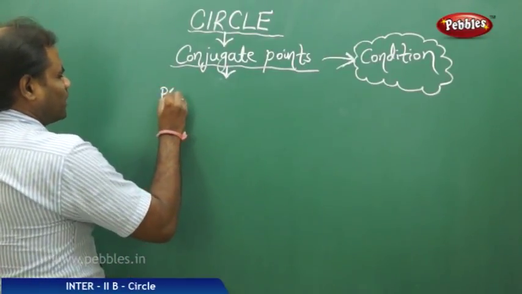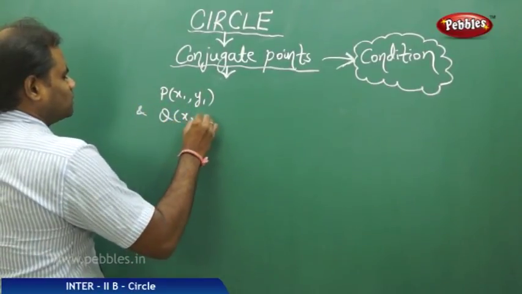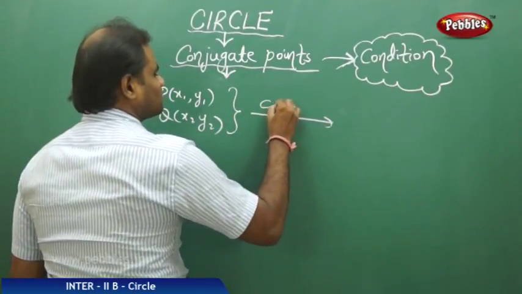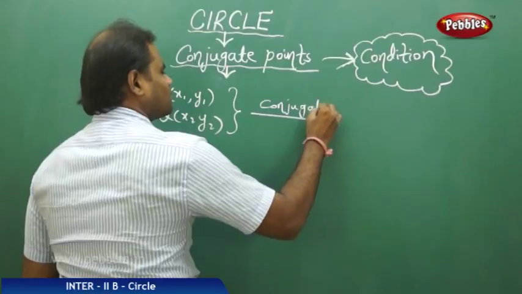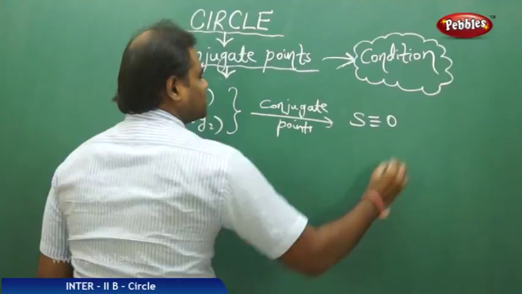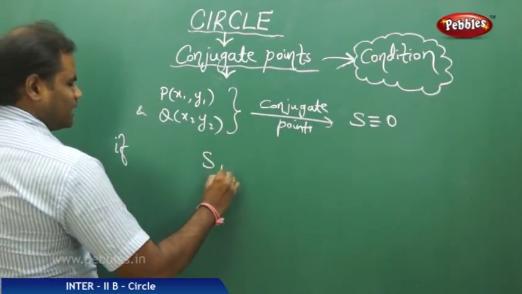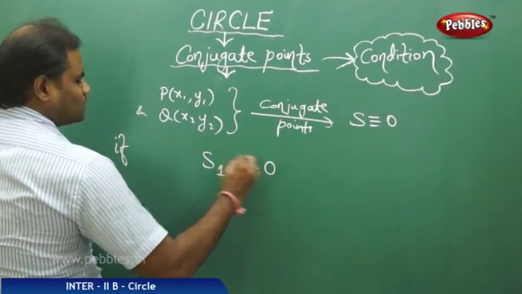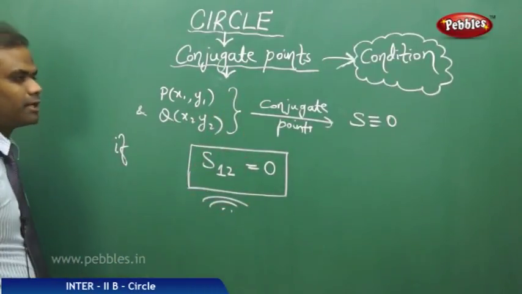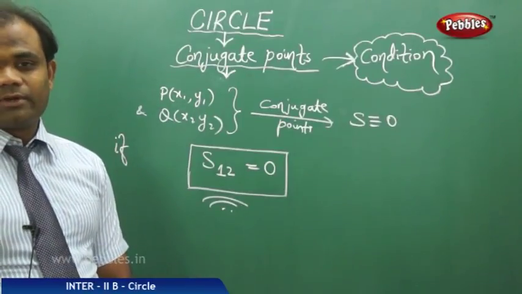P (x1, y1) and Q (x2, y2) are said to be conjugate points for the circle S = 0 if S12 = 0.